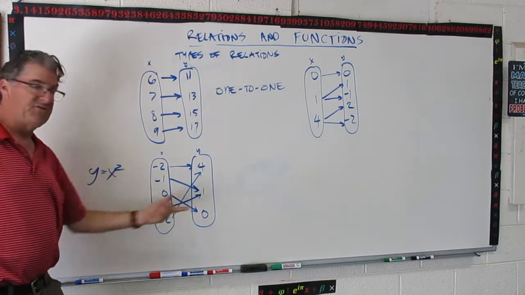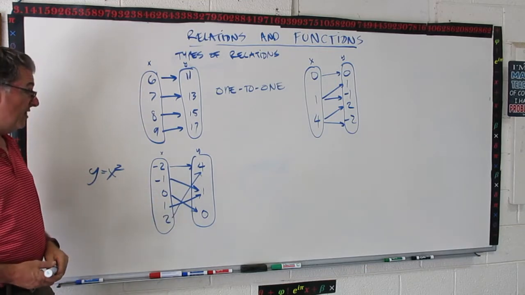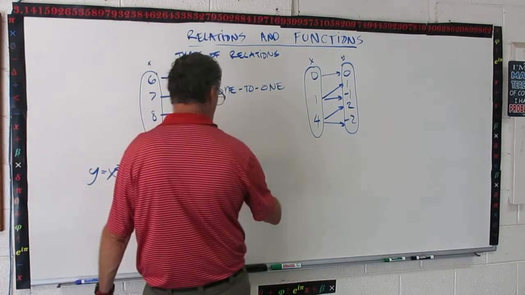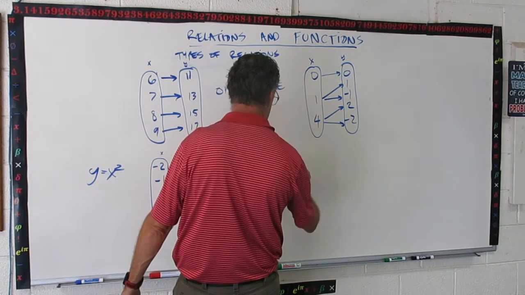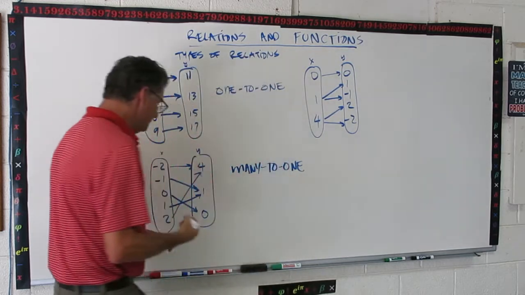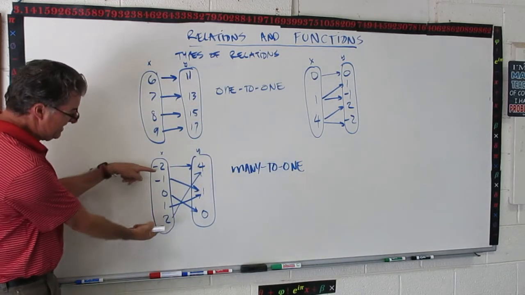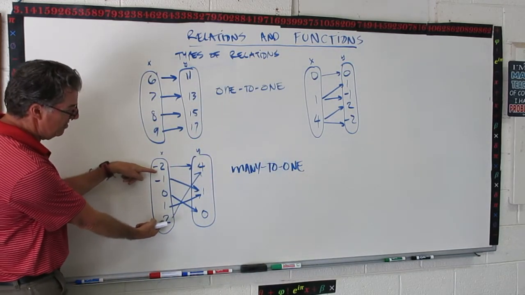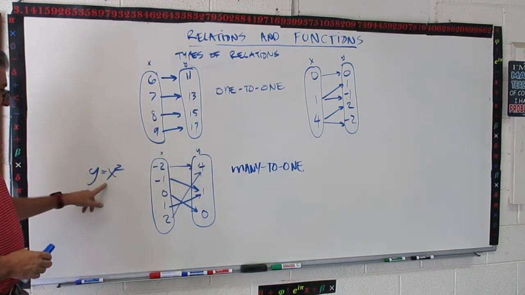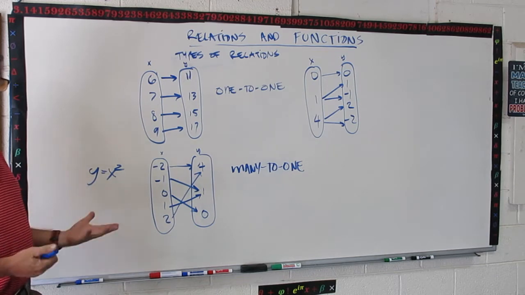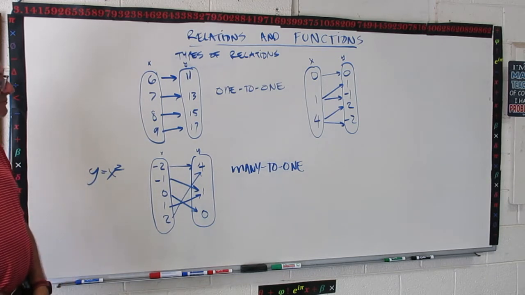And then finally, 0 maps directly onto 0. So this one is called a many-to-one. That's because many values, namely these 2, map to 1 y. So that's a many-to-one, and any quadratic equation is going to have a many-to-one relationship.